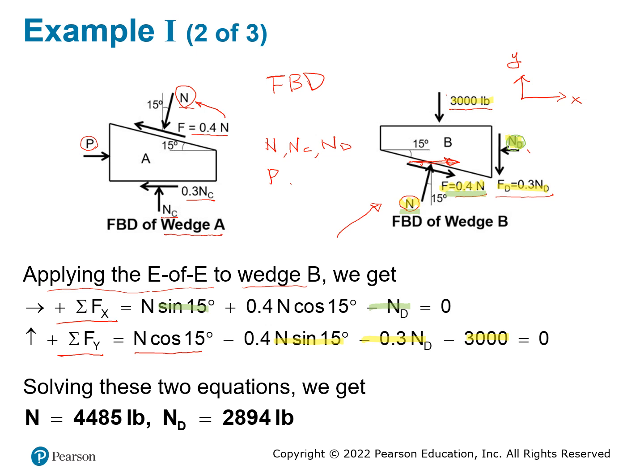For the friction, then you have x direction should be the cosine of that. Yeah, so it's cosine 15 degree for this friction force here. So you have two equations, and over here we only have n and md. Then you can solve this part, and you solve n and md, which are these two numbers right here.